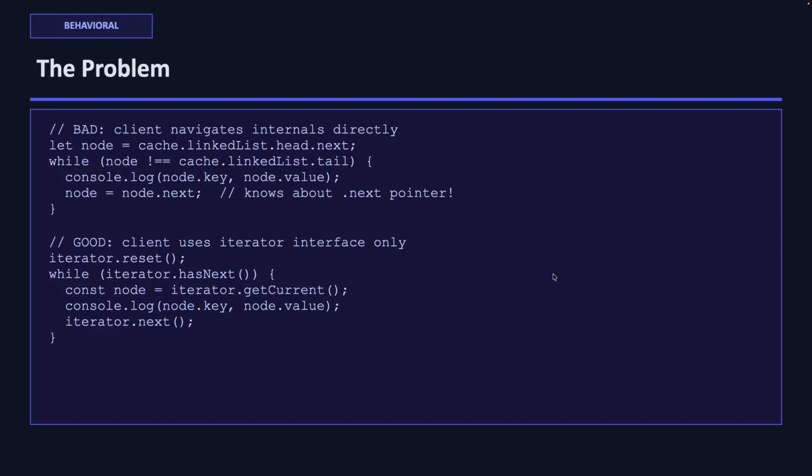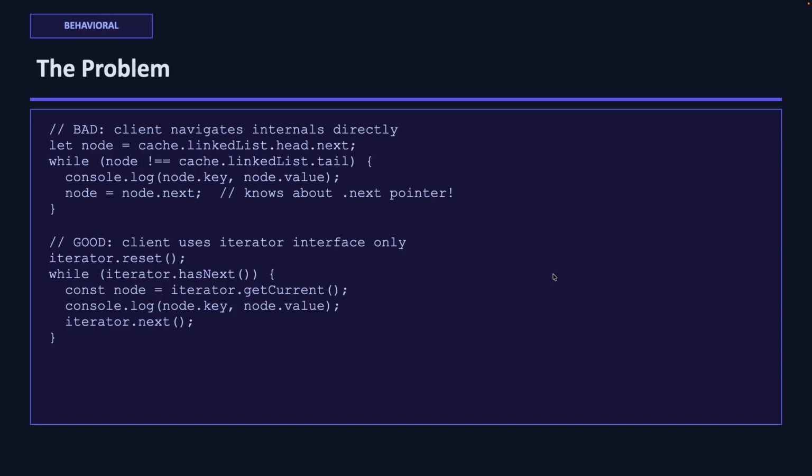If we look at the top code, if we're not using an iterator, anytime there's a client that has to go through a collection or data structure, it's going to have to go into the internals themselves. So if we look at the top code, it's going to know the head node.